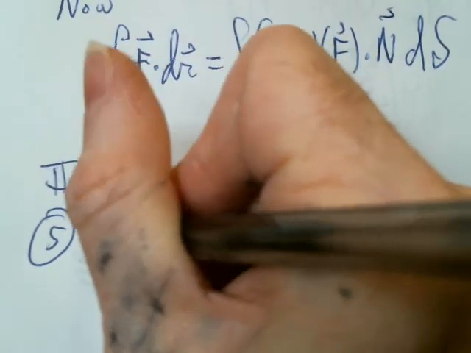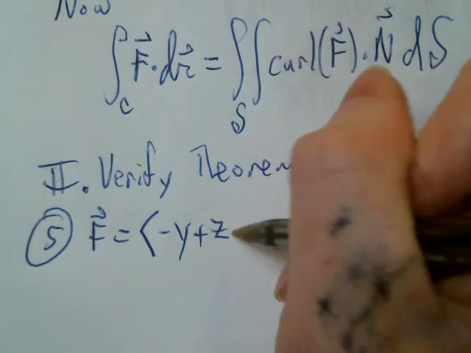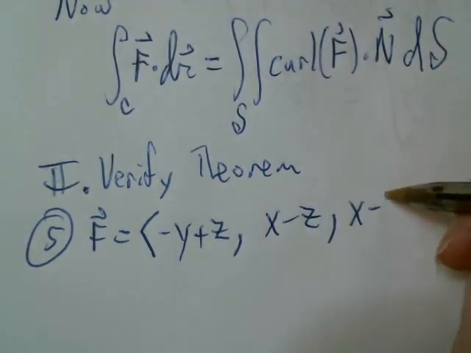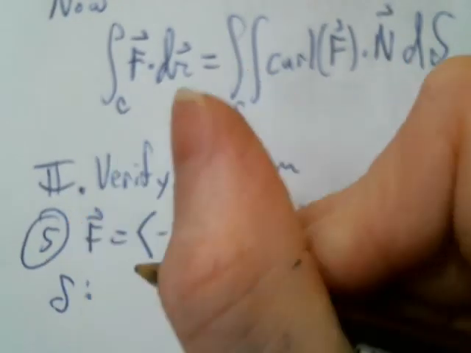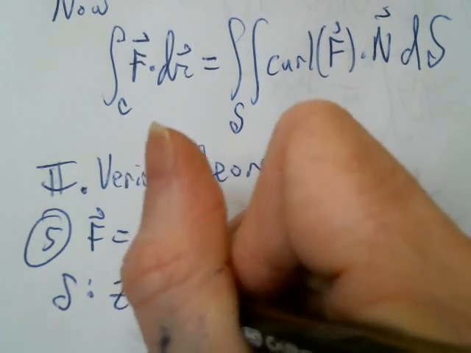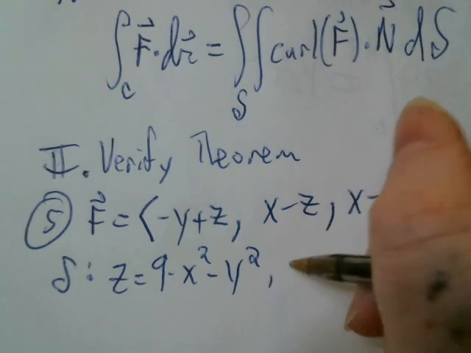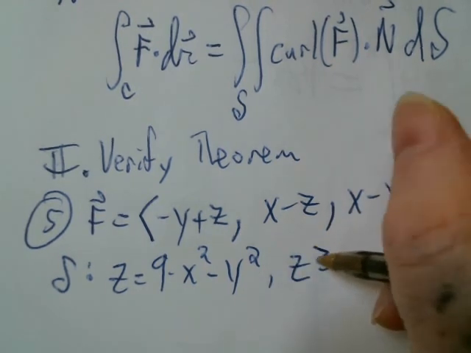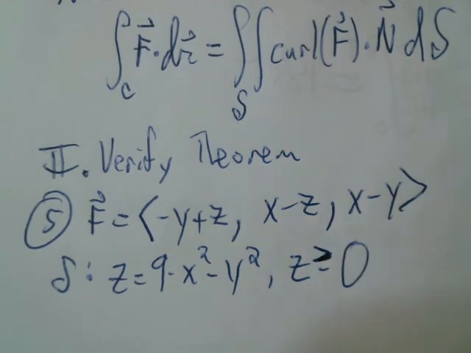And we're given a vector field in space. Then we're given a surface, which is one of these elliptic paraboloids, and just the region over top of the xy plane, so z greater than or equal to 0.